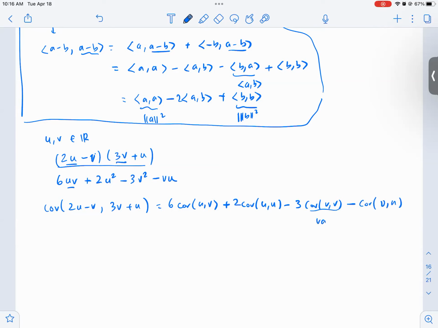This would be the variance of v, and this would be the variance of u. Because it's a bilinear operation, it behaves like just multiplying things out, so you don't have to think too much. I take this as a single variable, I can expand this part because it's linear, and then each of those terms I can expand. So you get 4 terms.